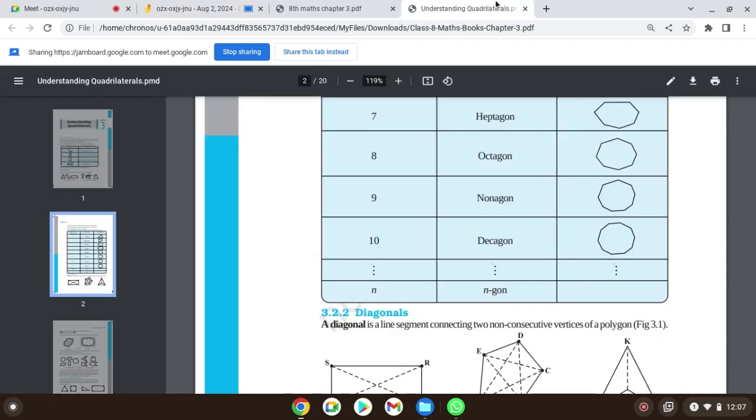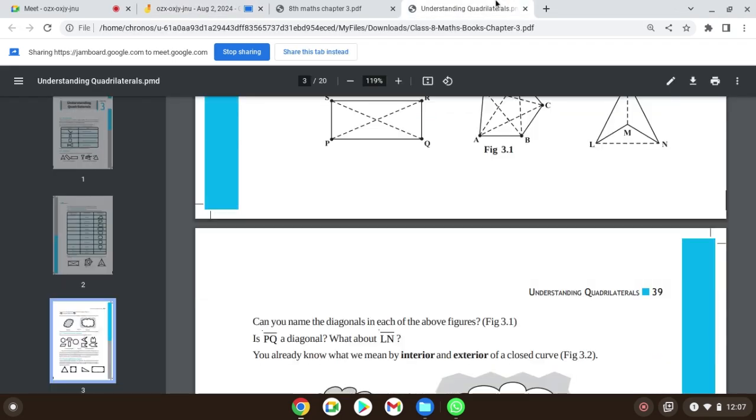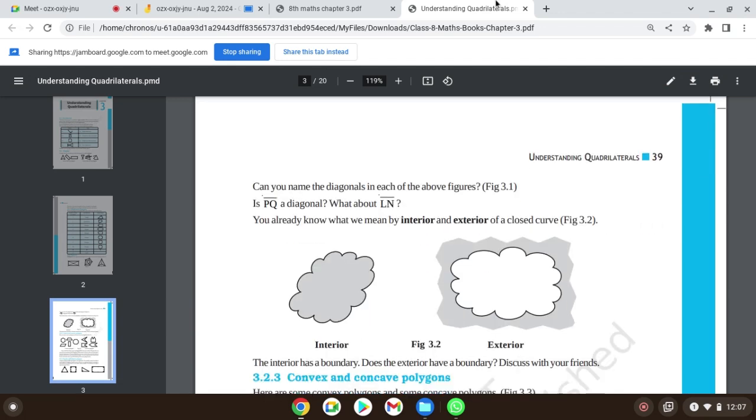Okay, so next we have the question. Can you name the diagonals in each of the above figures? Is PQ a diagonal? What about LN? You already know what we mean by interior and exterior of a closed figure. For example, if we draw diagonal lines between non-adjacent points, we must give names to them.